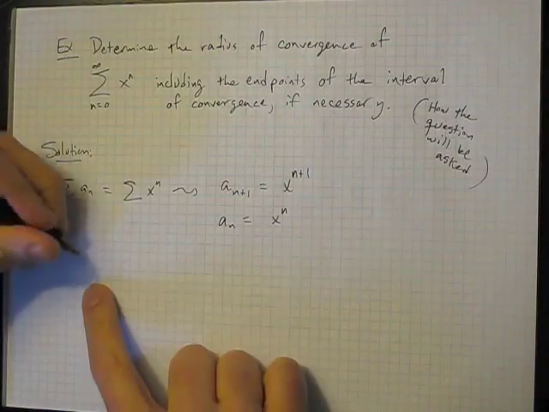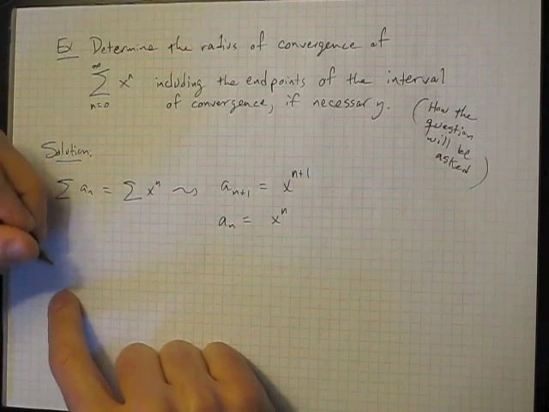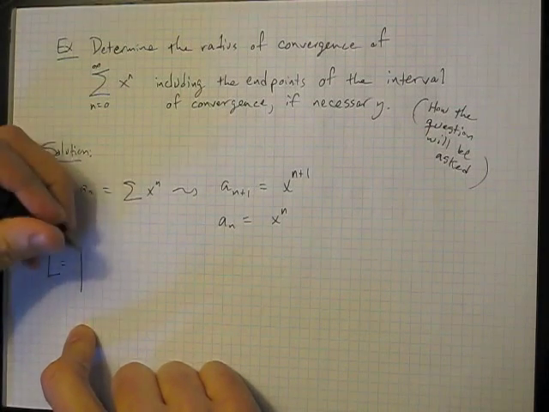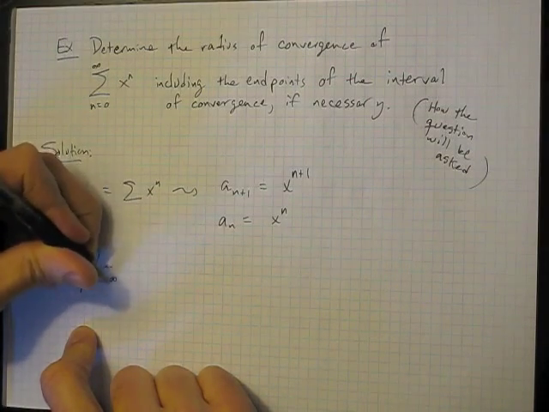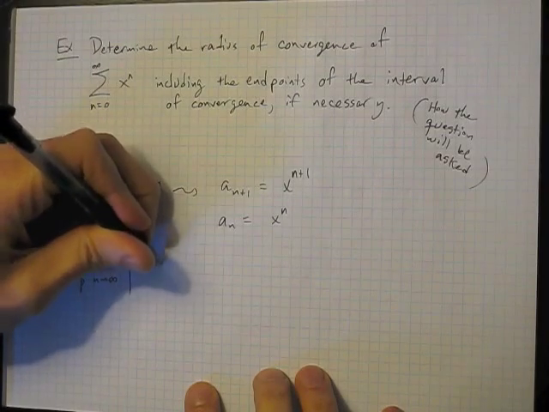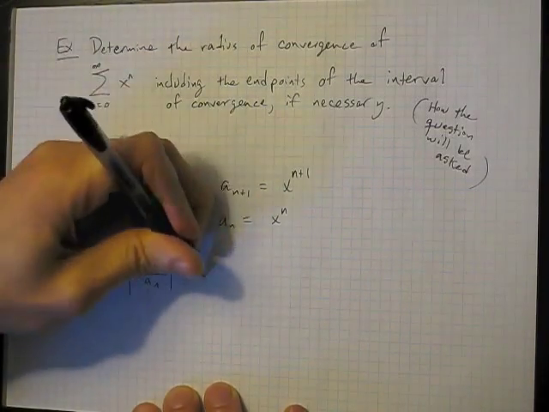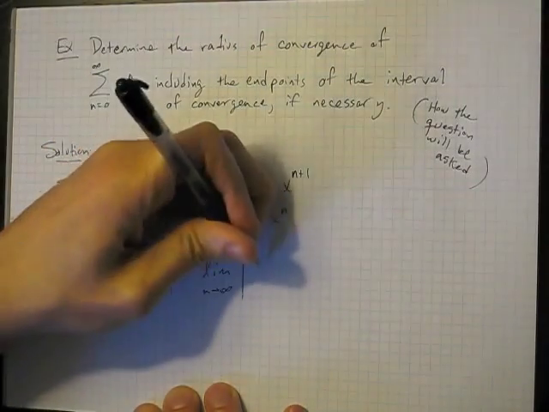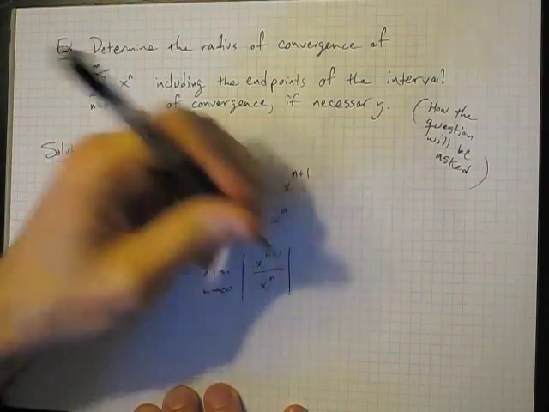So let's take the limit of these. If we take L equal to the limit as n goes to infinity of the absolute value of a(n plus 1) over a(n), then this is equal to the limit as n goes to infinity of x to the n plus 1 over x to the n.